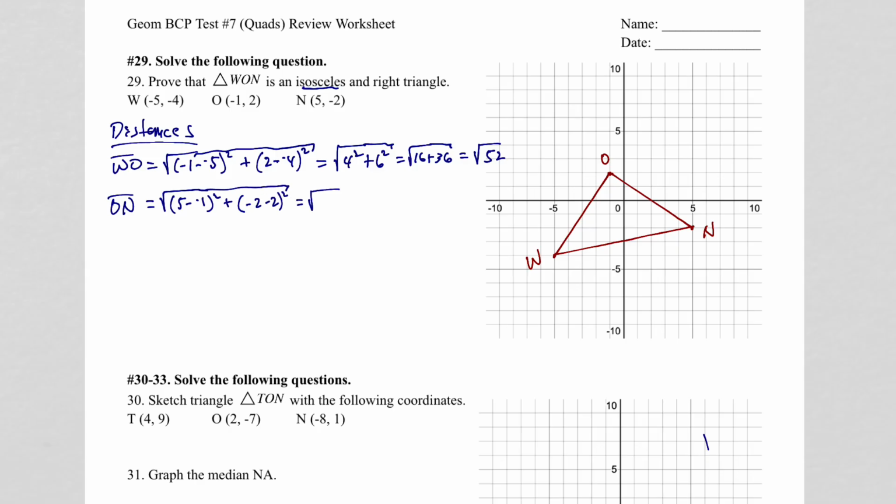So this is the square root of 5 plus 1, or 6 squared, plus -4 squared, which again is the square root of 36 plus 16, which is the square root of 52. So these are the same. WO is congruent with ON, therefore triangle WON is isosceles.